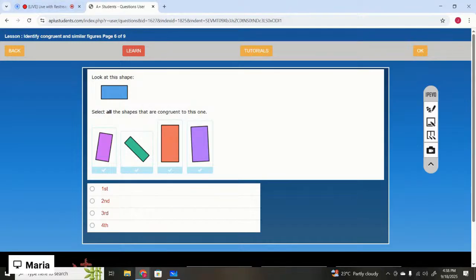Select all the shapes that are congruent to this one. First one, I think, is the correct option.